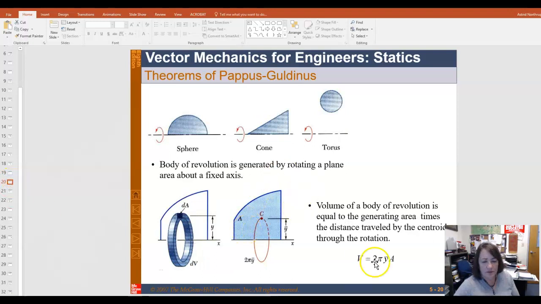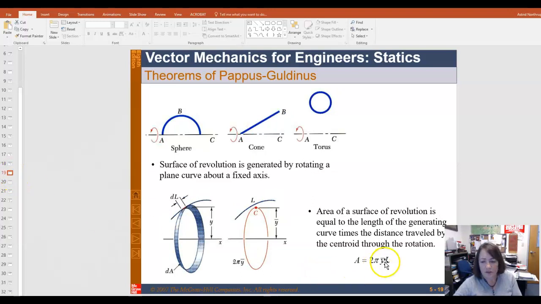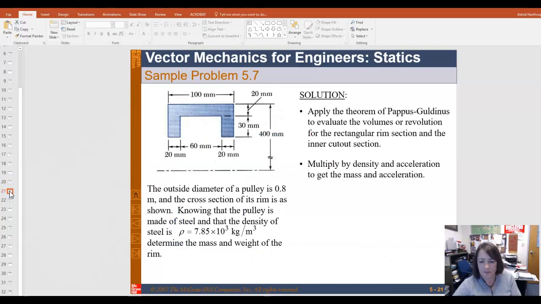All right, similarly here, except for now, instead of using y bar L, you use y bar A. Now you notice this keeps the dimensions homogeneous. Y bar is a length, A is a length squared, so this is a length to the 3rd power, which is a good dimension for volume, whereas this is just a length times a length, or a length squared.